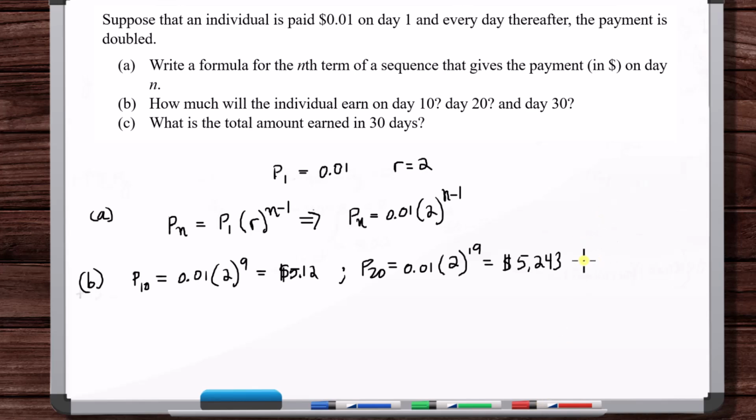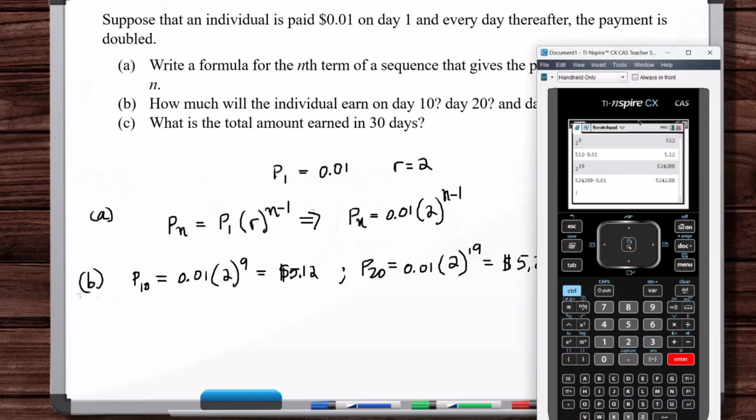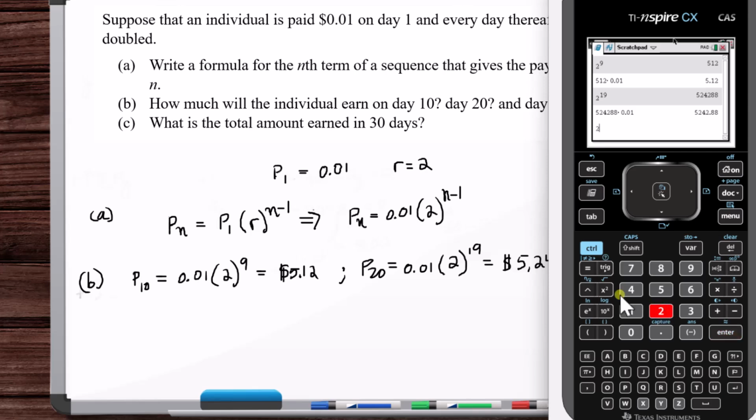Okay, now on day 30, it's just going to be 2 to the 29th, right? So 2 to the 29th times 0.01. Wow, okay, yeah, so $5.4 million.